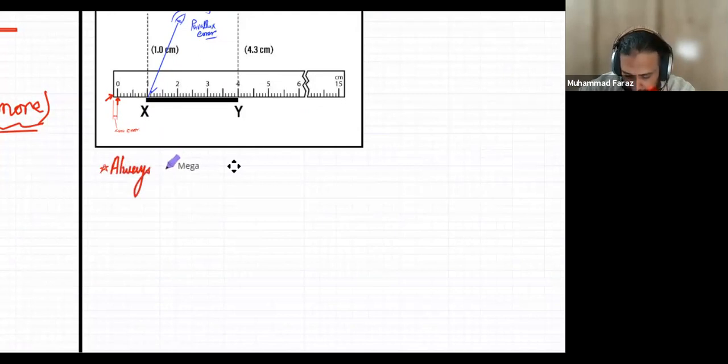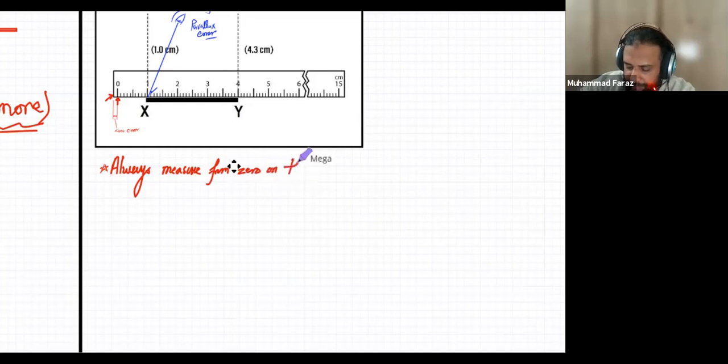Always measure from 0 on the scale to avoid zero error.